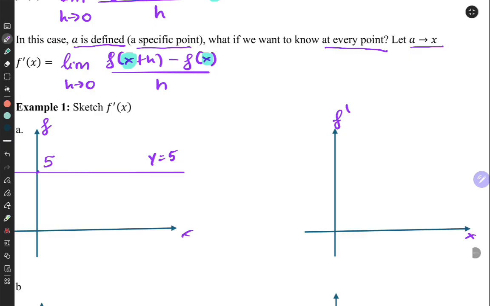What do I have? You think you're going to do a lot of calculation, but the calculation for this particular problem is very simple. f of x is 5. So 5 here. f of x plus h is, is it 5 plus h?